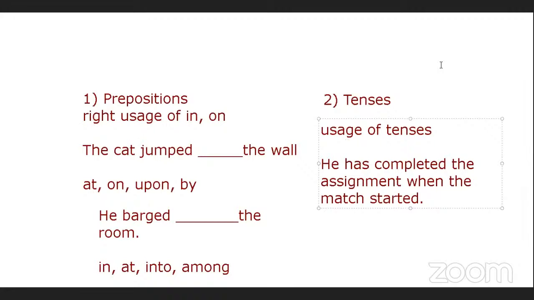Okay, some of you have found it. Many of you are saying that the error is here. He has completed. It should be he had completed. Now, can anyone tell me why? Why should we put he had completed?